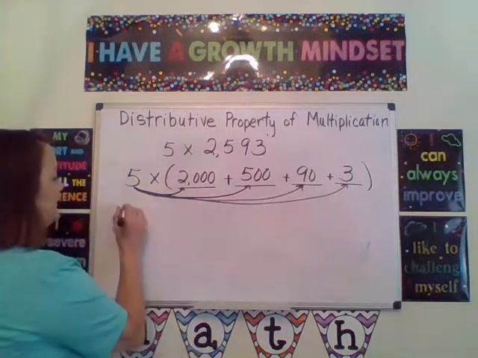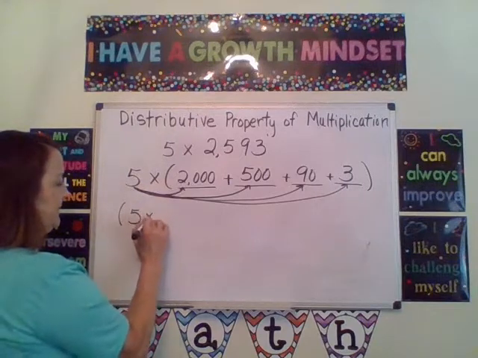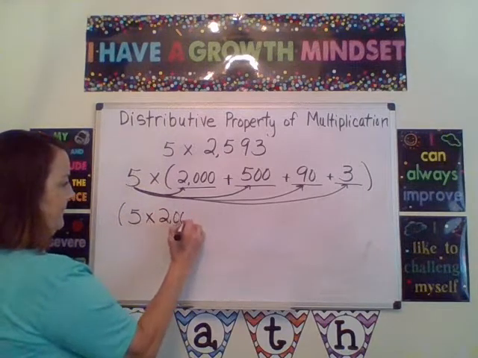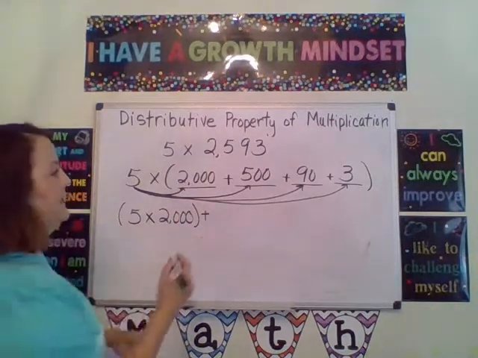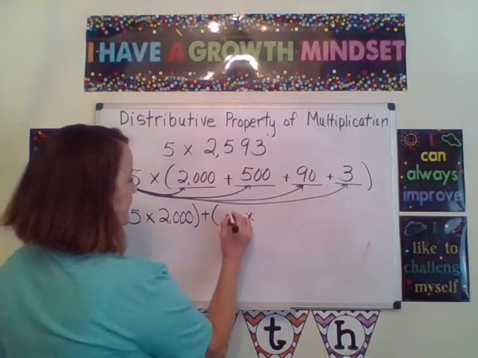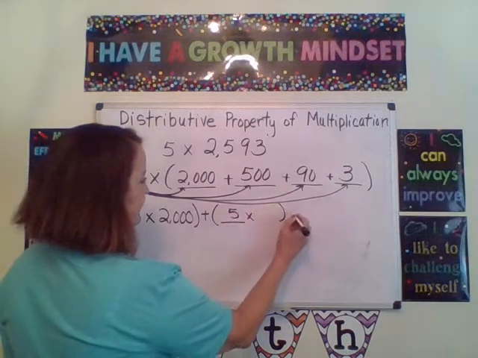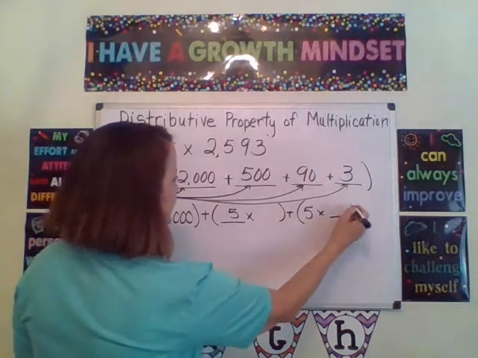Okay, the first one I'm going to write in parentheses is 5 times 2,000. And then don't forget your plus sign. And then you're going to write this one here. That's going to be a 5. This one's going to be 5 times.